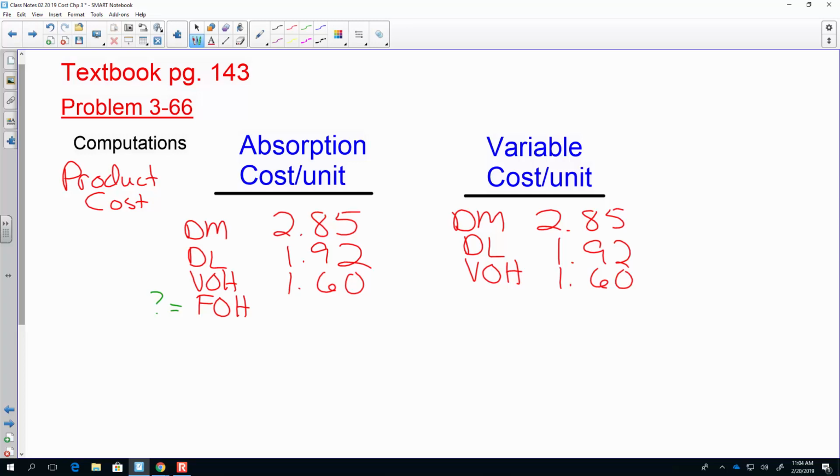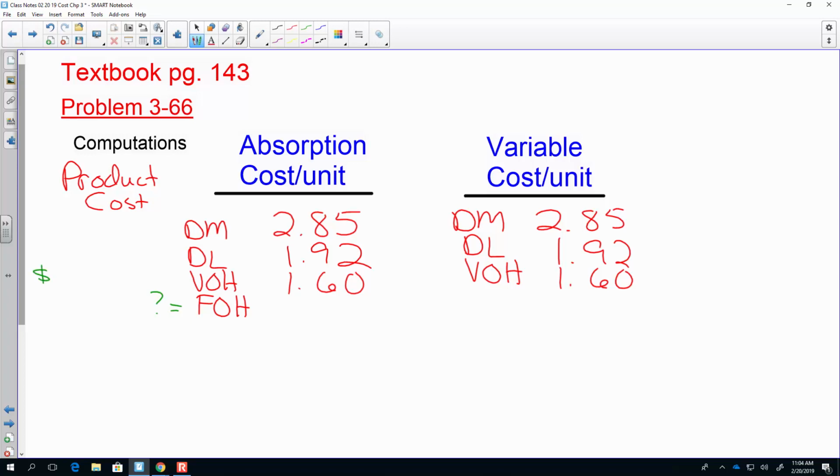The fixed overhead per unit. Divided by 200. I think we heard it. Ruby, can you say it again? Divided by the 200,000. Yes.